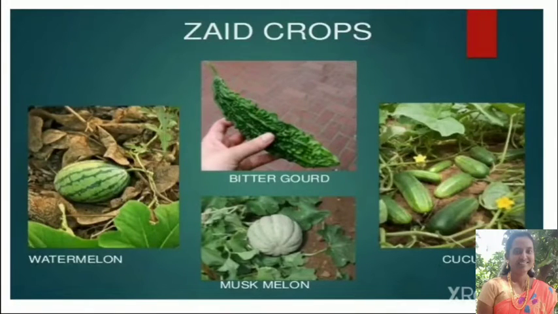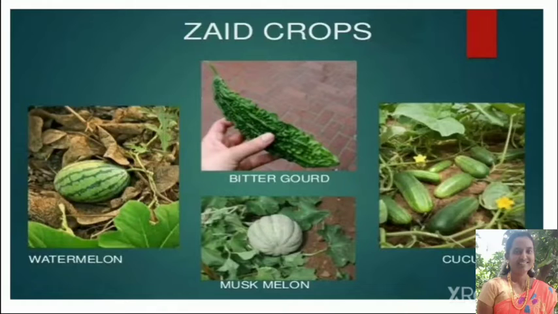It is otherwise called summer crops because these crops grow during the summer season. Example, muskmelon, watermelon, cucumber and bitter gourd. Have you understood about the three categories of crops which are grown in our country?